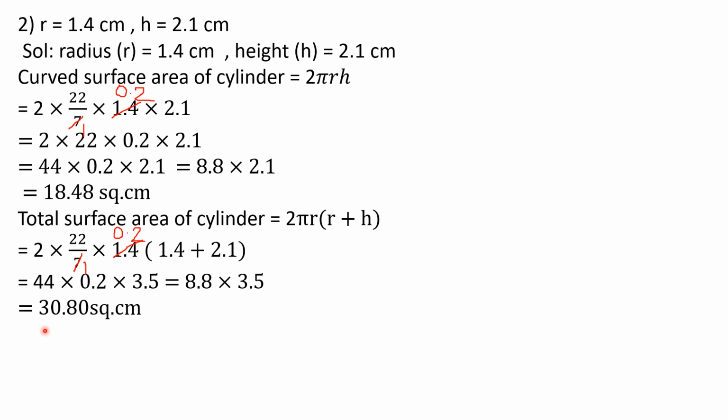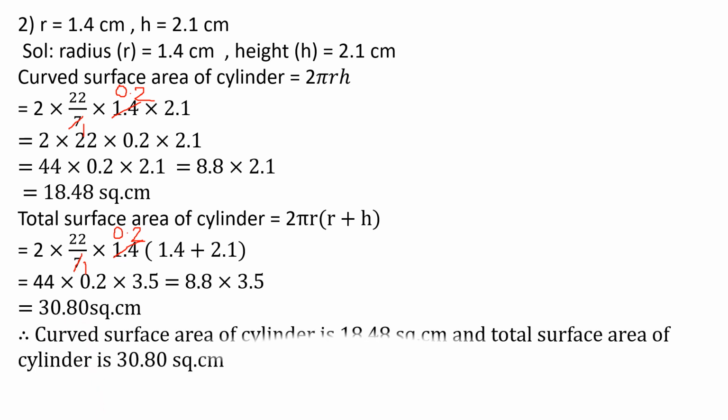So it will become 30.80. Okay student. So the final answer you will write down. Therefore, curved surface area of cylinder is 18.48 square centimeter and total surface area of cylinder is 30.80 square centimeter. Moving to the third one.